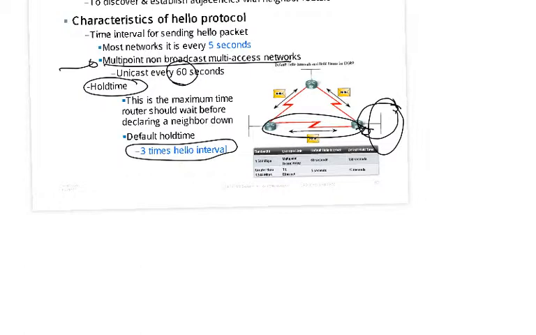If you use a non-broadcast multi-access network, like in this case, what is the duration? 180, 3 minutes. So if you don't receive a hello packet for 3 minutes, only then can you declare this neighbor router as dead.